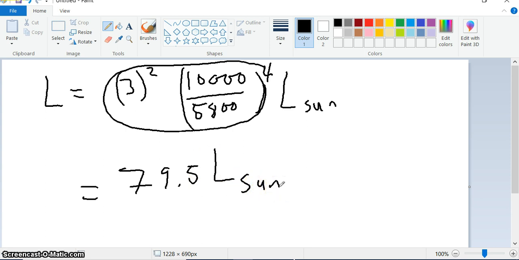So try that: do the fraction in parentheses first, 10,000 divided by 5,800, raise it to the 4th power, then multiply by 3 squared, which is 9, and you'll get close to 80. So it's about 80 times as bright, or 79.5 times as bright.